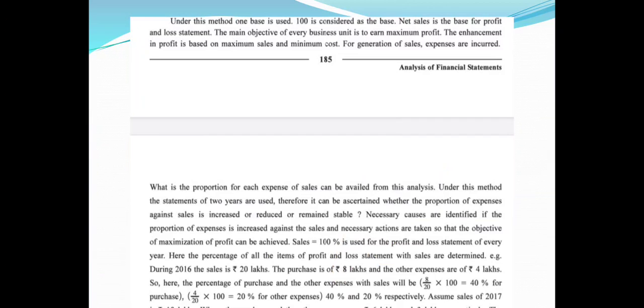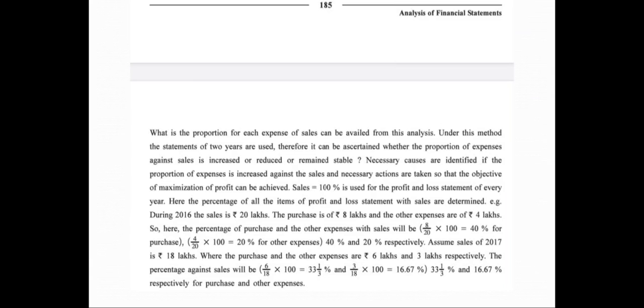The main objective of every business unit is to earn maximum profit. The enhancement of profit is based on maximum sales and minimum cost. For generation of sales, expenses are incurred. The proportion of each expense to sales can be obtained from this analysis.